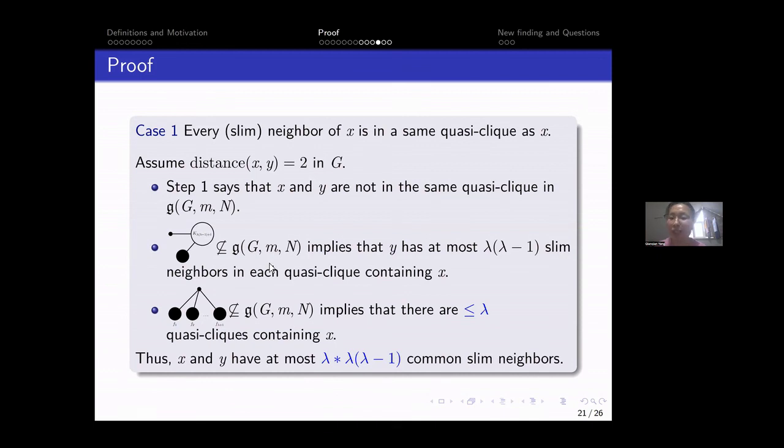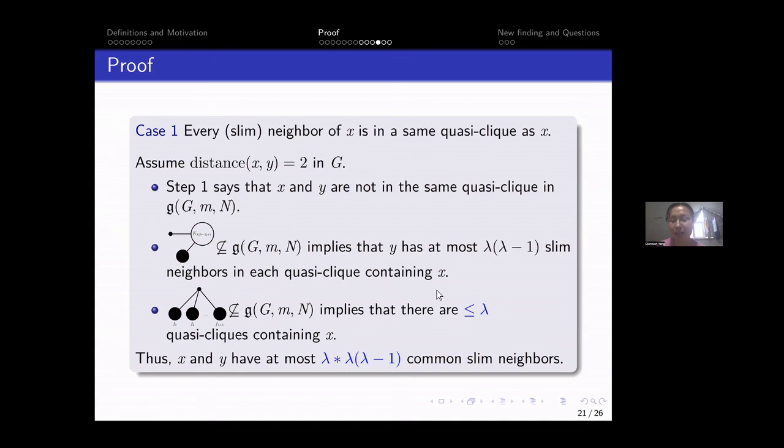Now we choose a quasi-clique containing x, and see how many neighbors y can have in this quasi-clique. From this graph, we knew that y has at most lambda times lambda minus 1 neighbors in a clique containing x. And in the third part, we know that every vertex x is contained in at most lambda quasi-cliques.